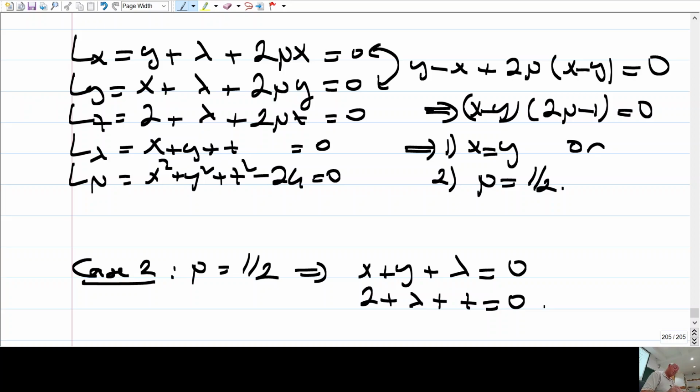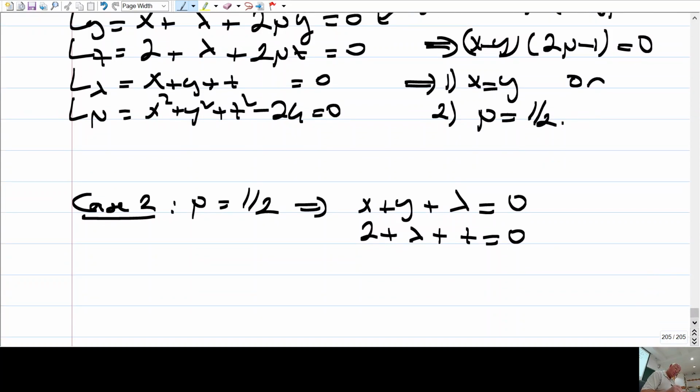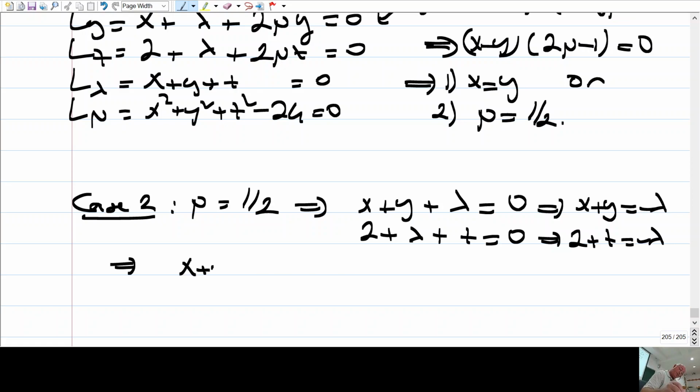Evet. Buradan da lambdaları eşitlersek, yani x artı y eşittir eksi lambda. Buradan da 2 artı z eşittir eksi lambda. Buradan da ne çıkar? X artı y eşittir 2 plus z. Okay.